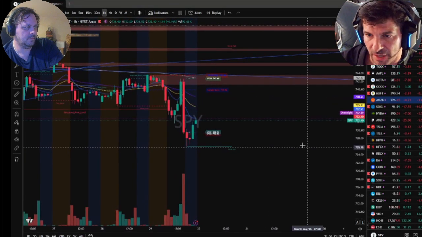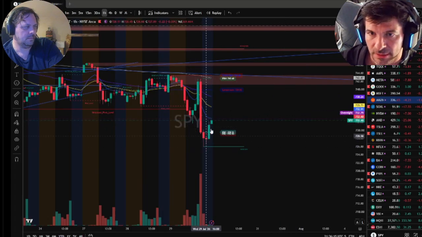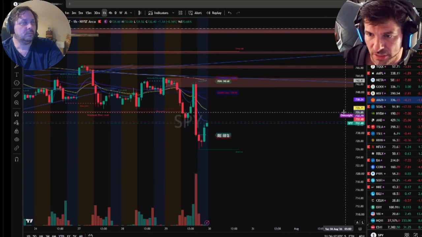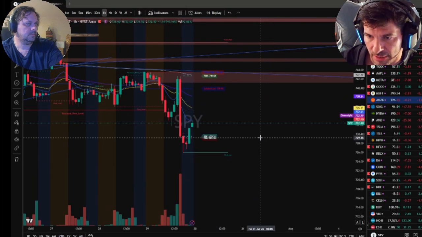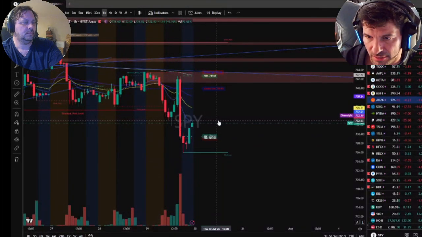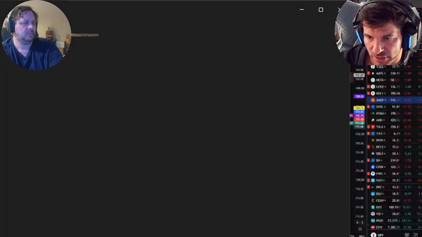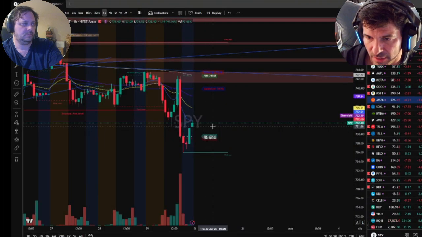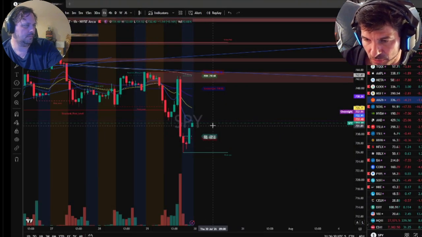So let's say, for example, right now here on SPY, how would we trade this if we were getting into a trade? First line of resistance, I would say, is this wick, but you have the EMA above, so we can go to the EMA.